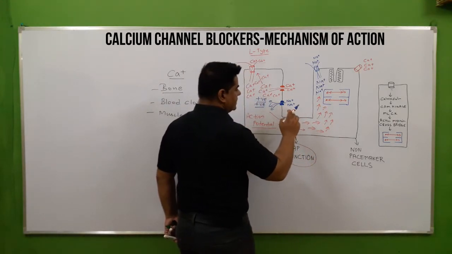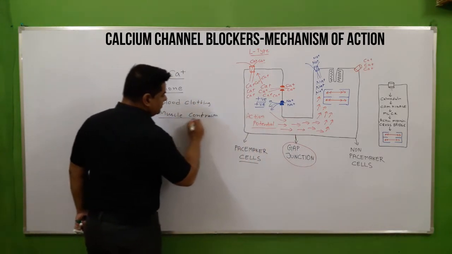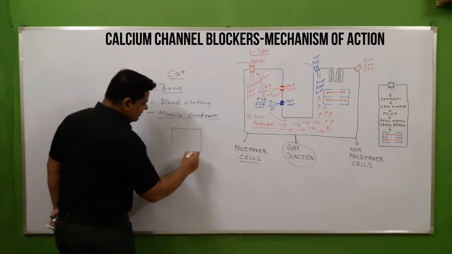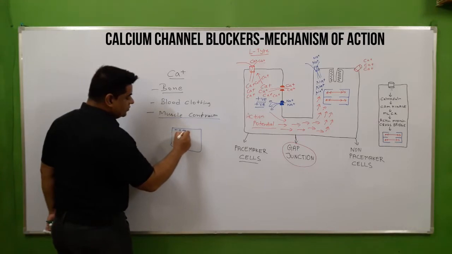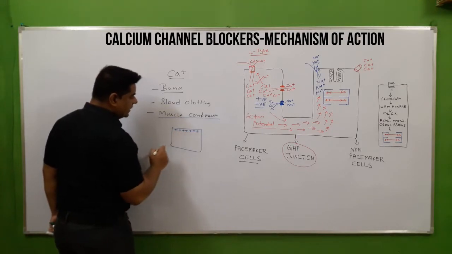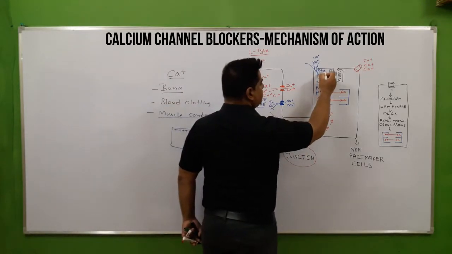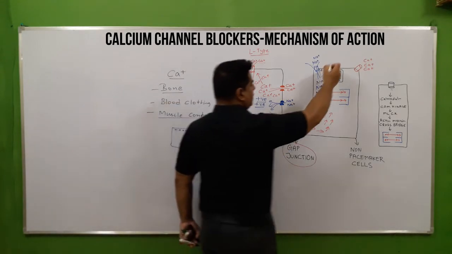And as this occurs, we had already studied in the physiology of muscle contraction that whenever a skeletal or smooth muscle is stimulated, the action potential shifts across the membrane, inside the membrane, and finally reaches the T tubules.